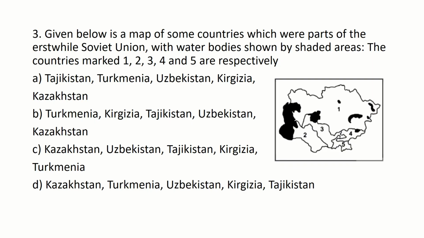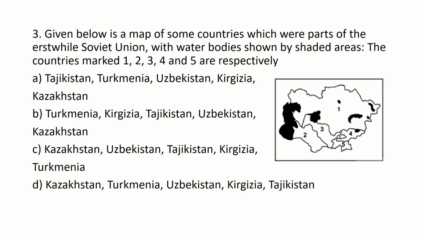Given below is a map of some countries which were parts of the erstwhile Soviet Union, with water bodies shown by shaded areas. The countries marked 1, 2, 3, 4 and 5 are respectively. Well, we have seen the map, we have learned which are those countries. So what do you think is the part which is marked 1? It is Kazakhstan. And what do you think is 2? Turkmenia, right?